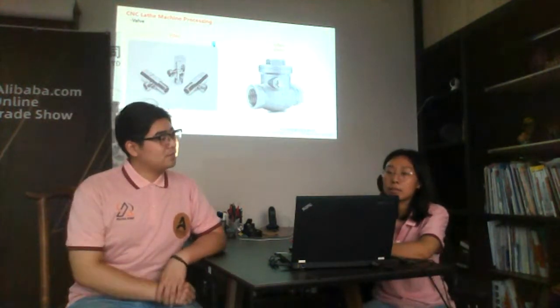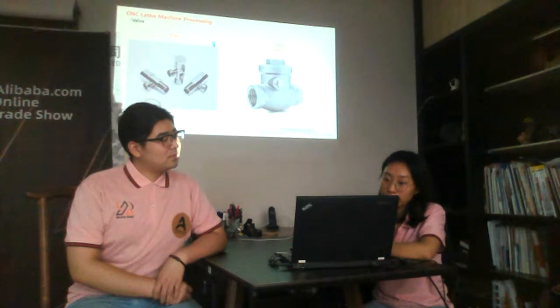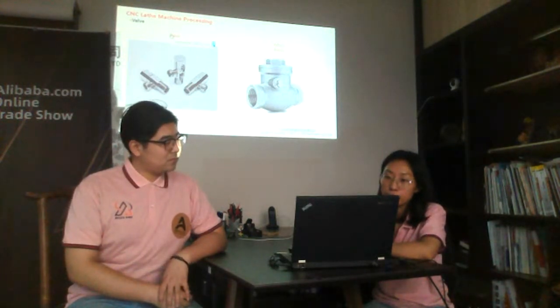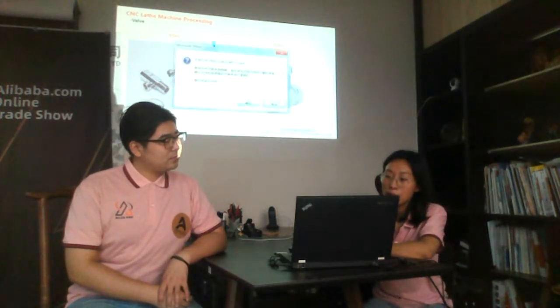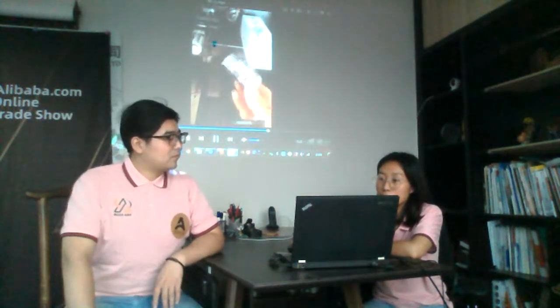Okay, next is the CNC lathe processing the wire, and we can see the different wire, and we have a video to show you the processing. We can see it is the CNC horizontal lathe machine processing the wire.